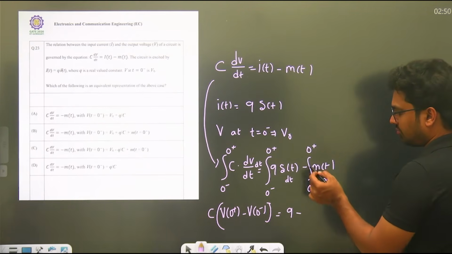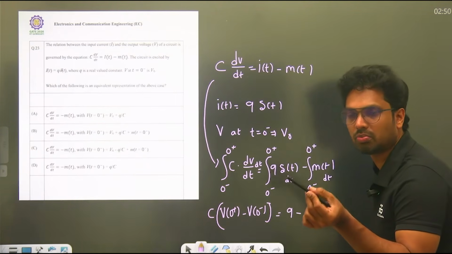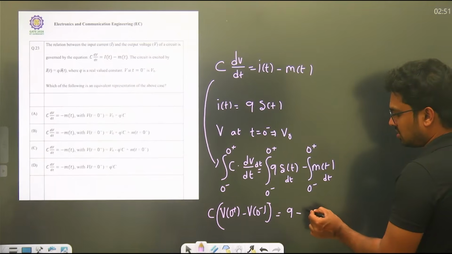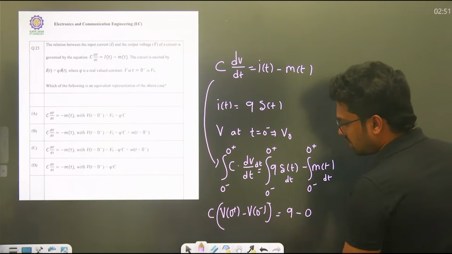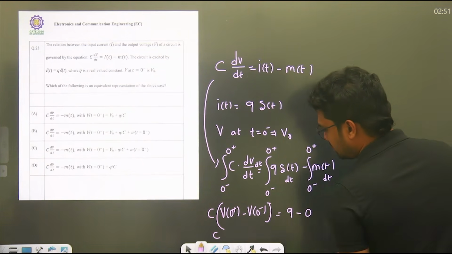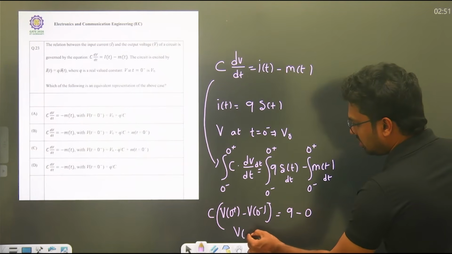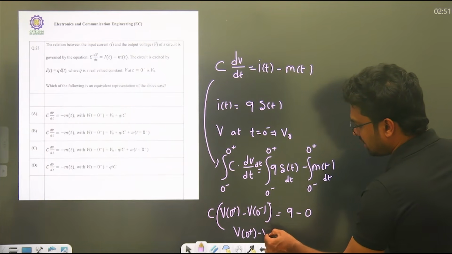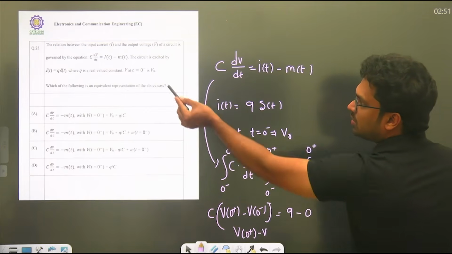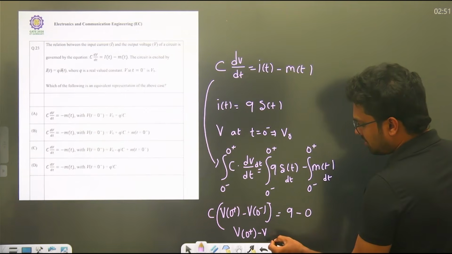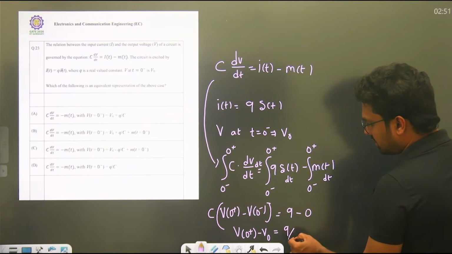What is the integration of any signal from 0 minus to 0 plus? For all practically existing signals, this will be equal to 0. The examiner has already given that. So you take C to the other side: V of 0 plus minus V of 0 minus, and V of 0 minus is given by the examiner as V naught, equals Q by C.